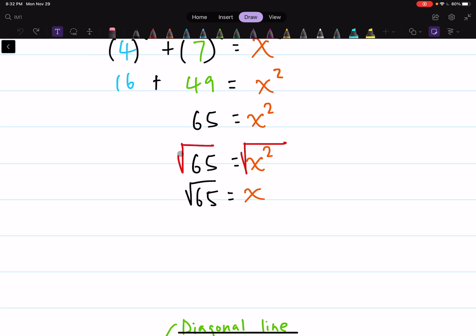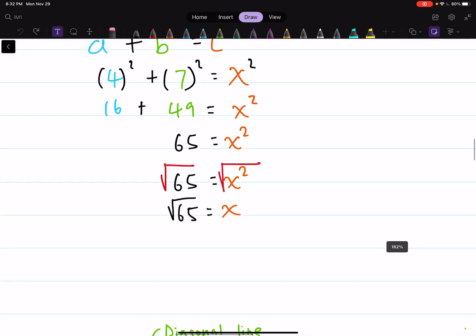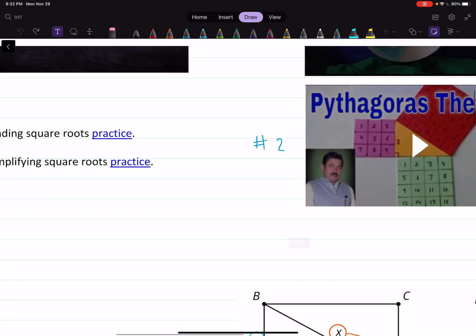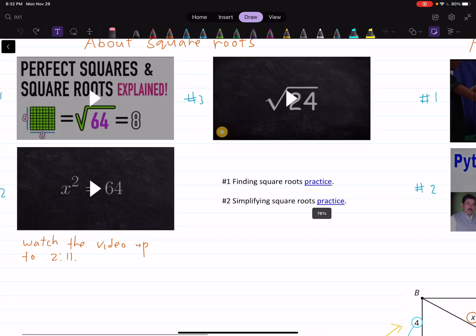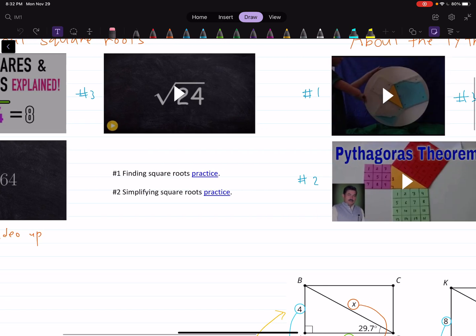As you can see, what's remaining is the square root of 65. For more specifics on how to actually solve this problem, and this square rooting part, watch these videos here, okay? I'm going to be talking about that in a second as well.